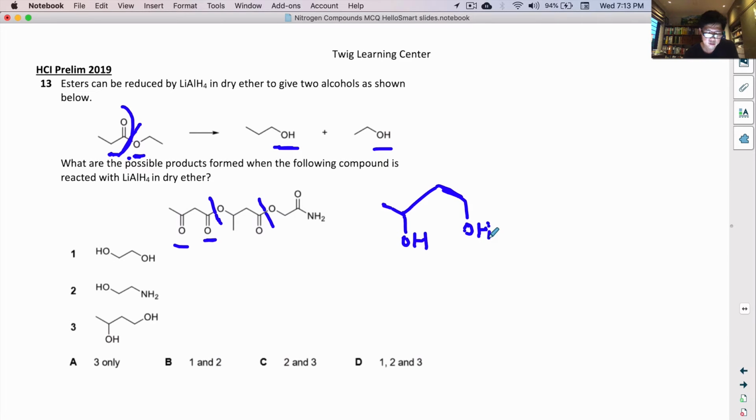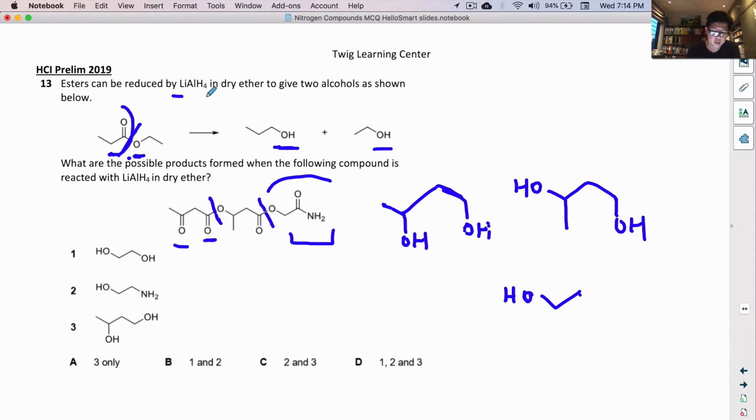How about the other side? The other side is OH. This part here also becomes an alcohol. The third part, I'm drawing this one here. If you remember, an amide can also be reduced by lithium aluminum hydride to form an amine.